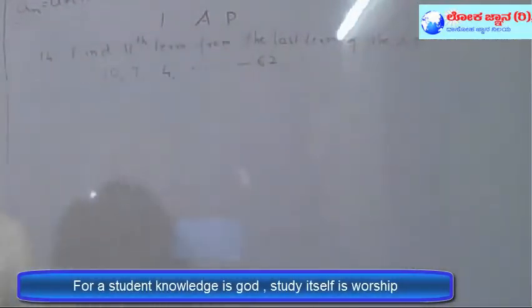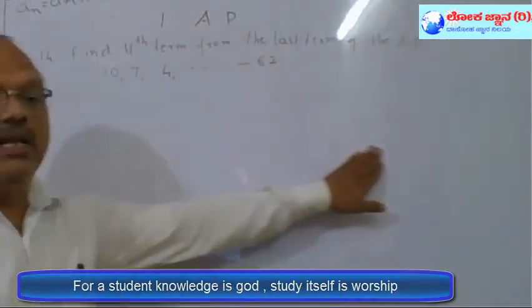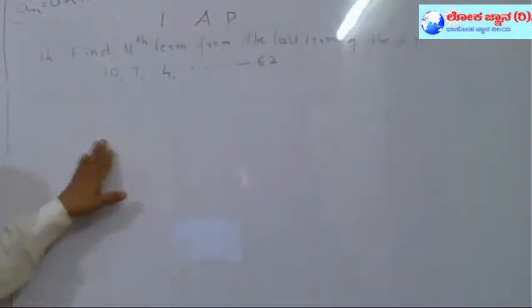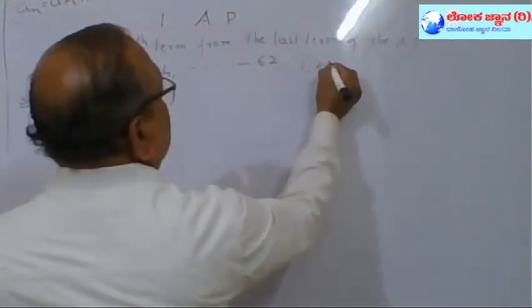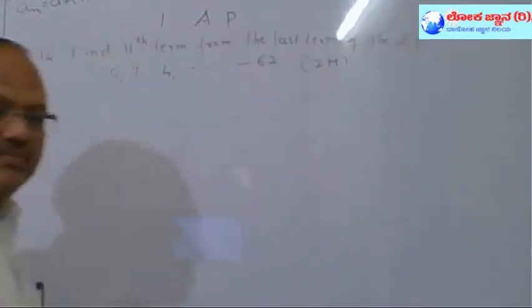In this problem, you have to find the 11th term from the last term of the AP. The problem has two parts in it, and the question may appear for either 2 marks or even 3 marks.